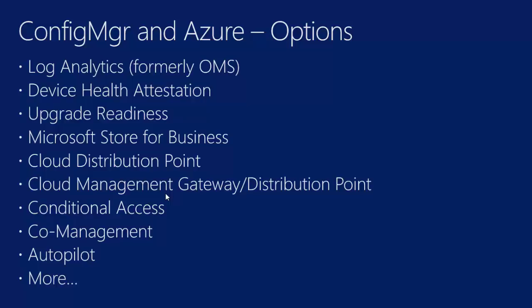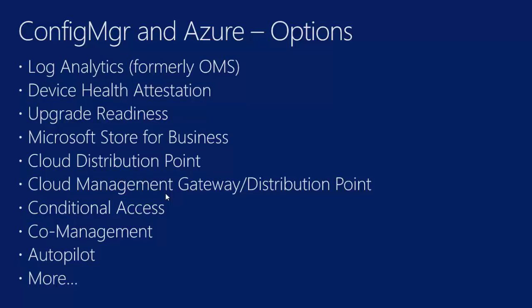OMS still exists. It's just been redistributed. The different features there have been redistributed across Azure. Don't get bogged down there, but you can absolutely configure ConfigMgr to link in with log analytics. We'll talk about that. Being able to leverage Azure, or on-prem, but leverage Azure to handle maintaining the health of your device. ConfigMgr can consume that data, show it to you, you can use it in ConfigMgr.